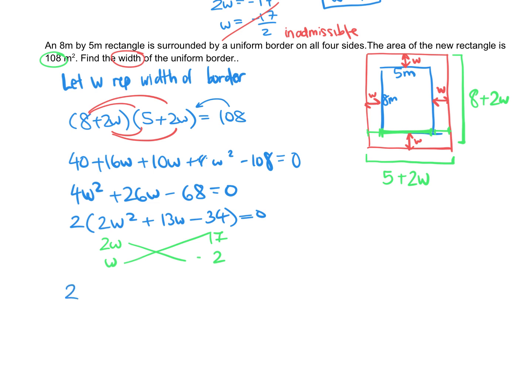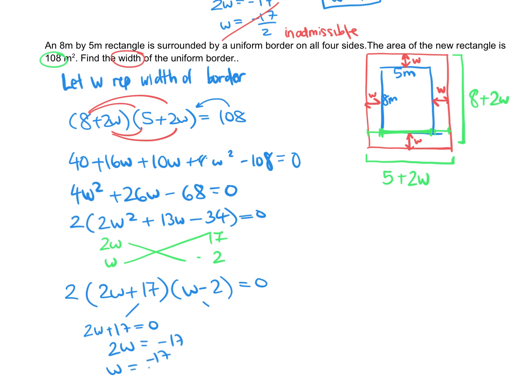Fantastic. So there's my GCF. There's my first bracket and my second bracket. And now branch out and solve for the width like any solving question. Set it equal to 0, bring the 17 over, divide by 2, and we do get a negative number, so that's not logical.